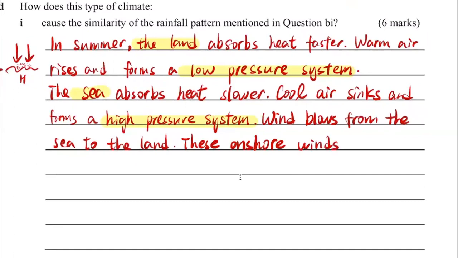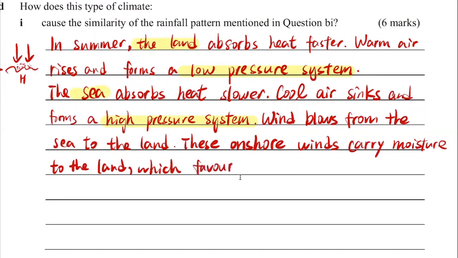These onshore winds carry moisture, that means water vapors, to the land, which favor the formation of rain. Favor means good for. It's very good for the formation of rain.